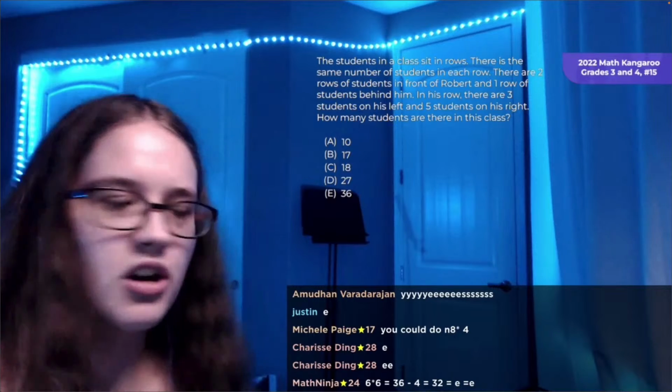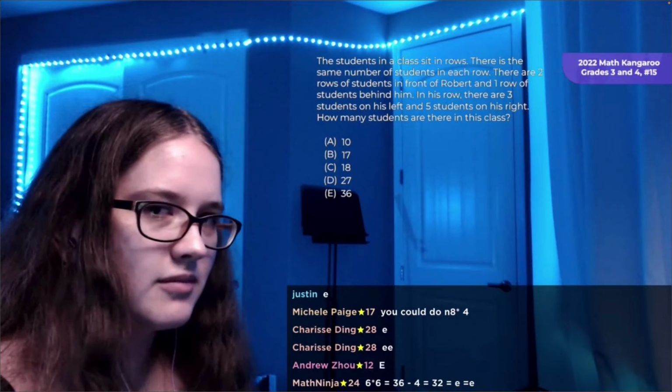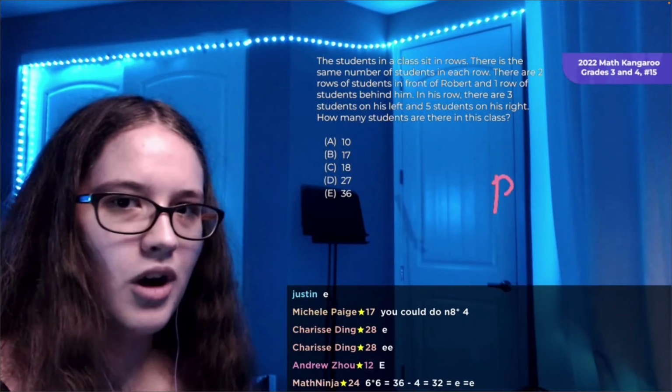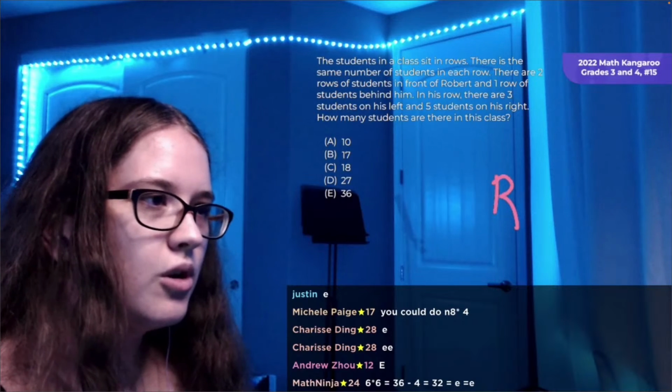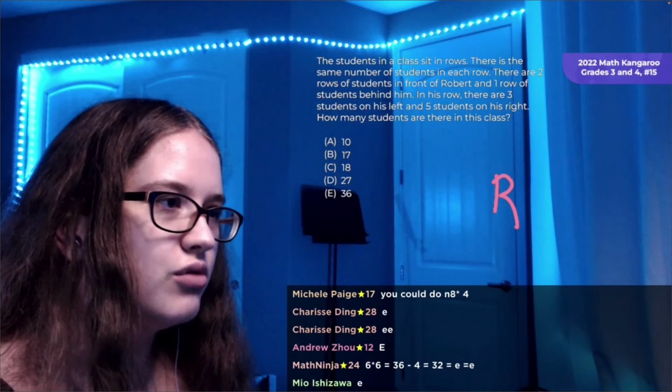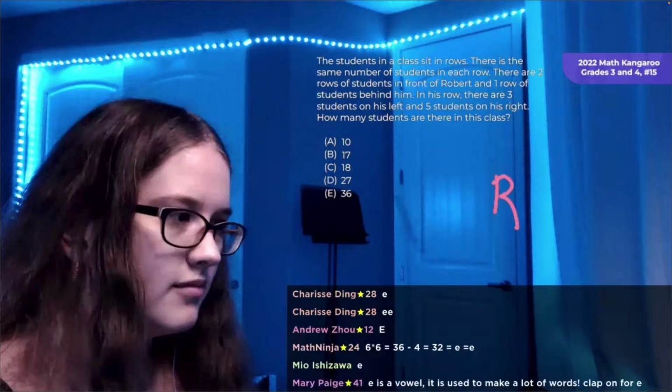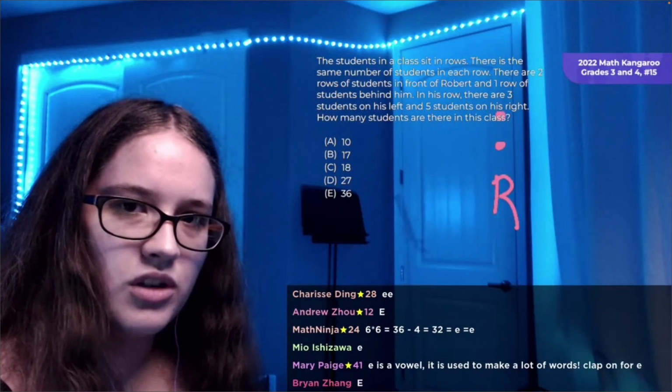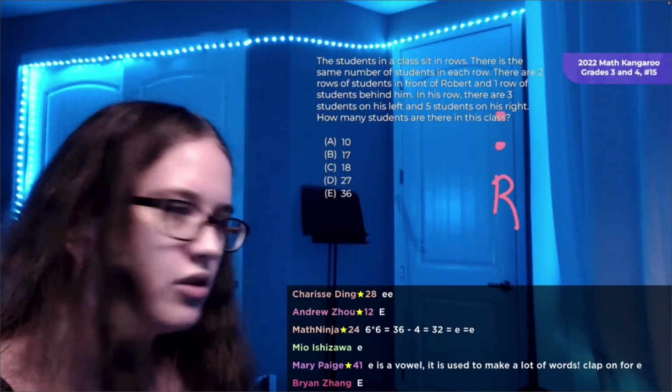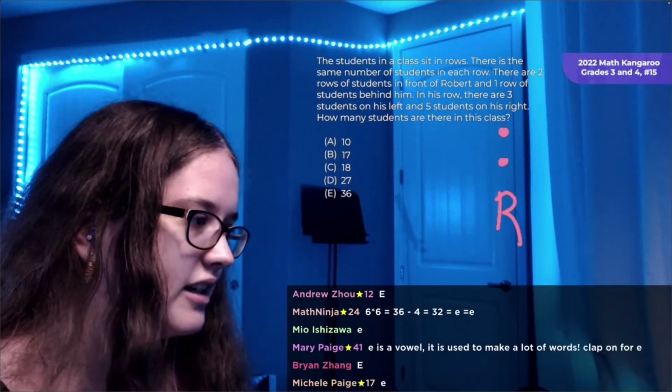So let's draw ourselves a little diagram. Here is Robert. Robert has 2 rows in front of him. Let's just draw 2 dots, and 1 row behind him.